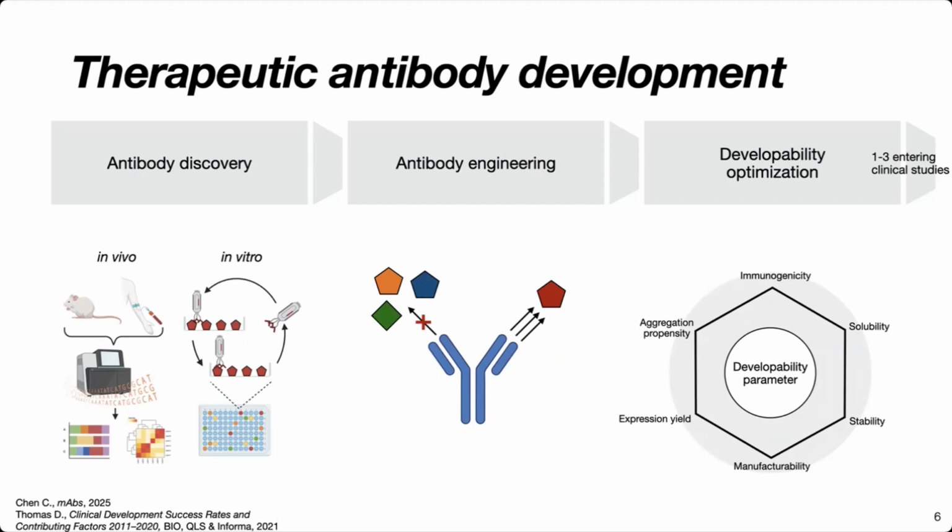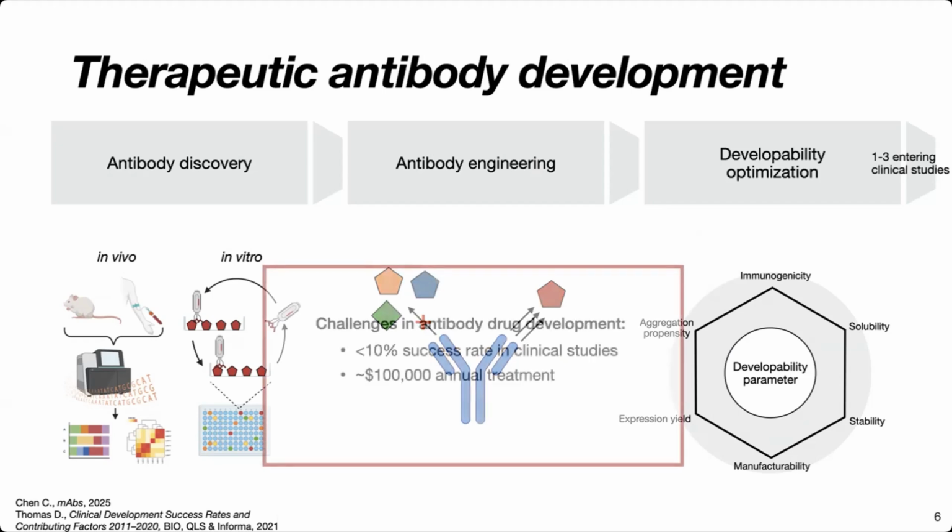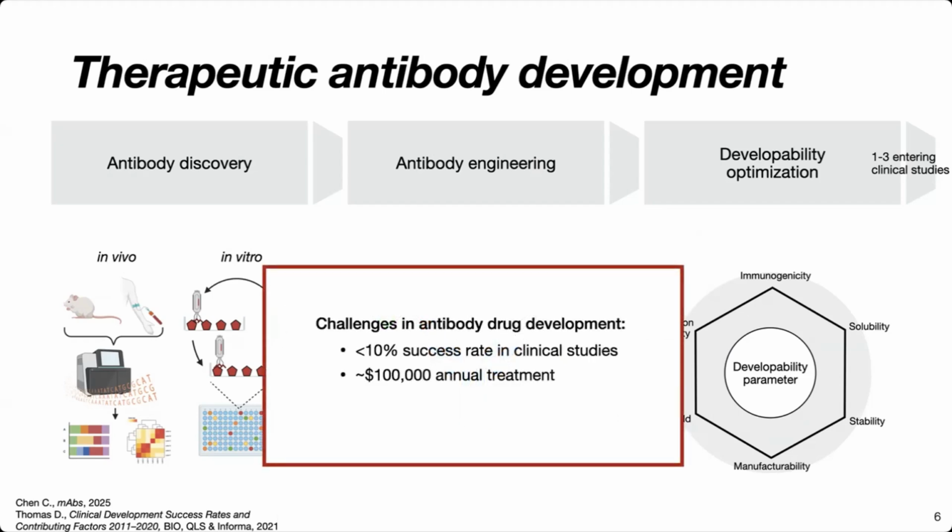So despite this extensive optimization, which requires a lot of experimental screening in this entire development pipeline, still less than 10% of the drug molecules coming out of this development pipeline will eventually be approved for the treatment of diseases. So the cost of this entire pipeline, including the high failure rate in clinical studies, substantially contributes to the high cost of treatment, which is on average $100,000 per year and per patient.